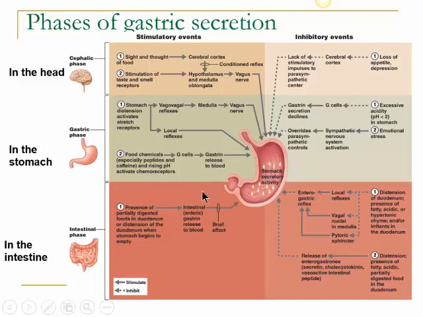After this, the food gets into the duodenum, so you get into what is called an intestinal phase. The initial part of the intestinal phase, for an extremely short time, continues to stimulate gastric secretion. This is due to the presence, in the intestine, of a hormone called intestinal gastrin.